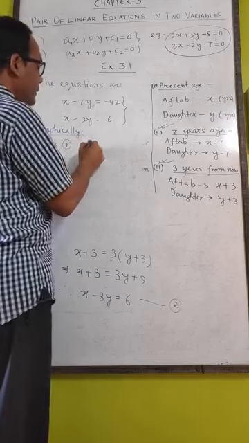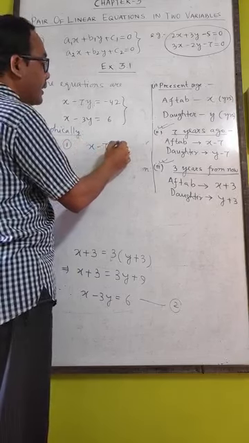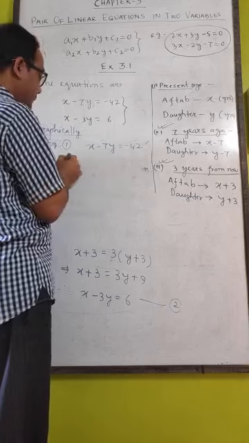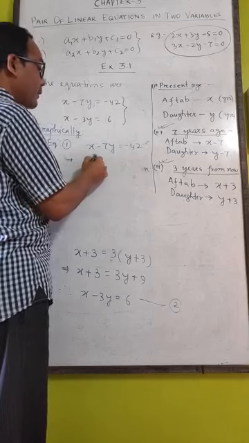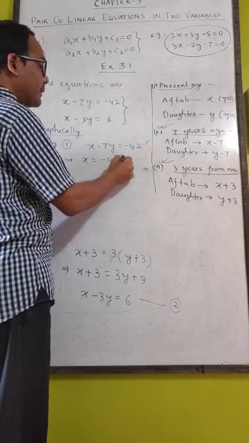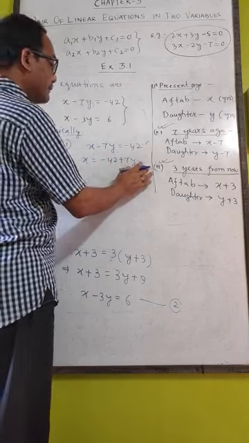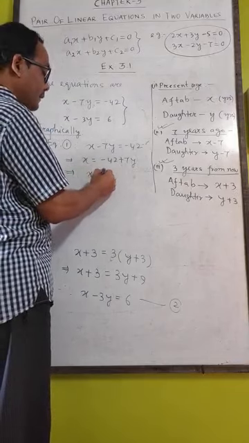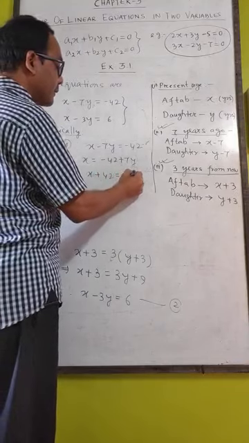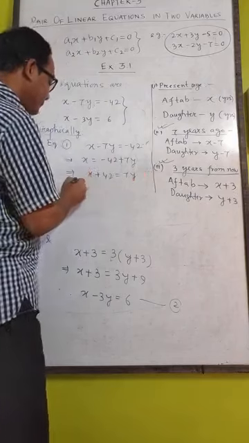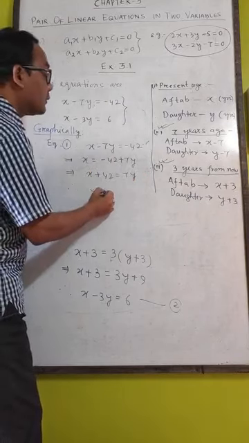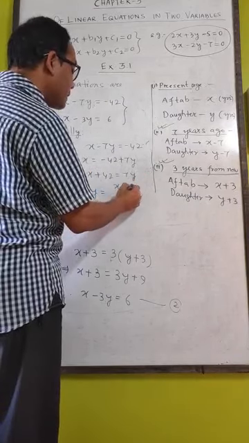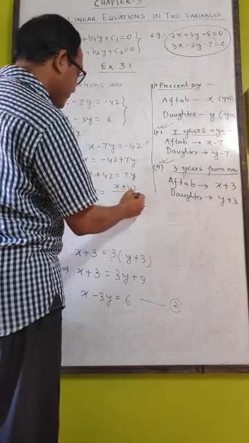What is equation 1? x minus 7y equal to minus 42. x equal to minus 42 plus 7y. This implies that x plus 42 equal to 7y. Therefore, y equal to (x plus 42) by 7.